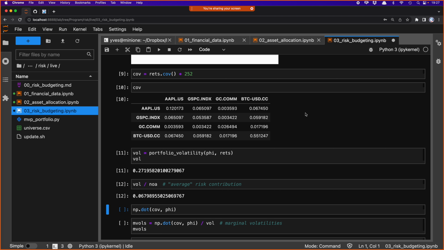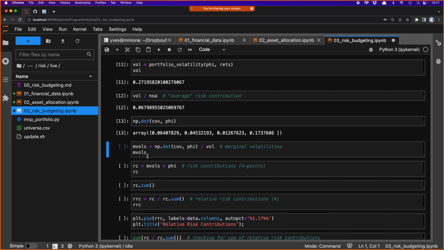We see here now the results. You see here the marginal volatilities, and basically what I'm doing here relates to what I've shown on the slides before, right? Marginal volatilities, risk contributions in percentage points, and relative risk contributions in percent on a portfolio level. So here we have this calculation with the covariance, and do the weighting here with the portfolio weights, and then I divide by the volatility itself, which I've calculated up here.